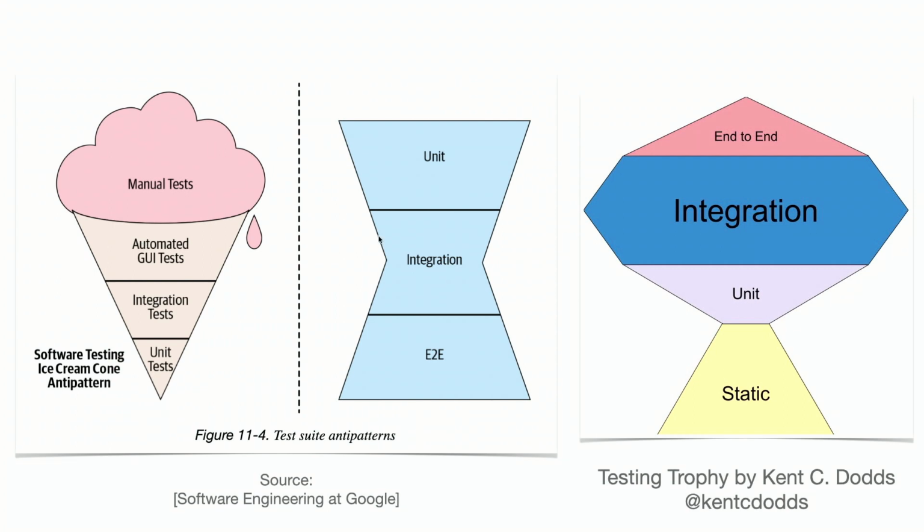And the hourglass pattern has unit tests and end-to-end tests and very little integration tests. This is bad because it doesn't catch bugs that could have been caught at earlier stages. And as we said before, catching them at the last stage is the most expensive way to do it.